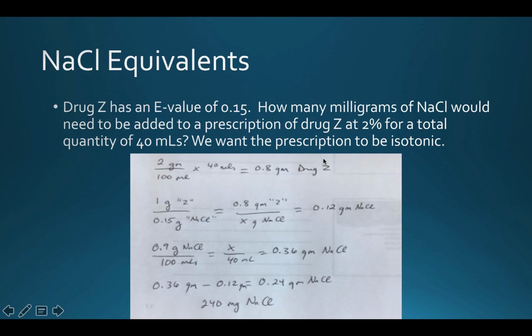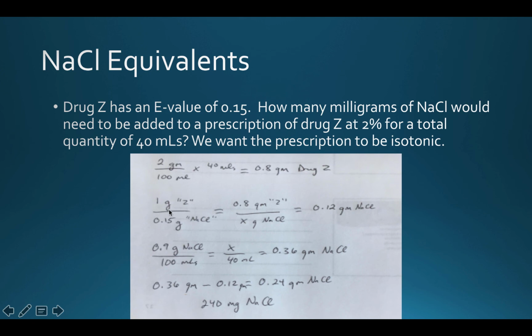So figuring out drug Z, we want 0.8 grams of drug Z. Now we want to figure out the sodium chloride equivalent. So again, this is 1 gram of the drug is equivalent to 0.15 grams of NaCl.